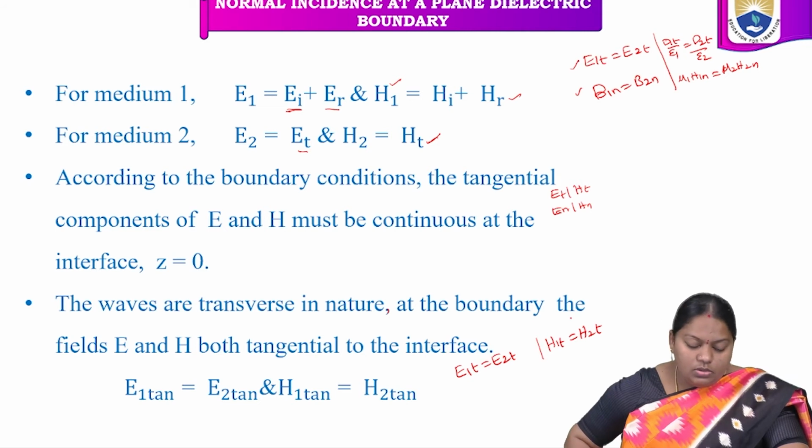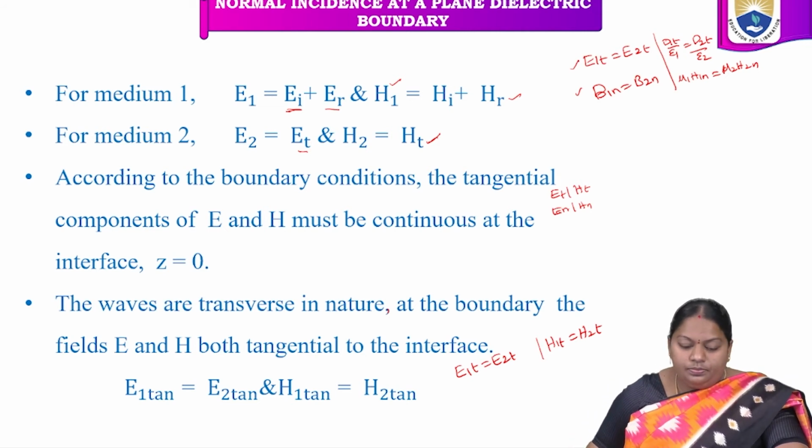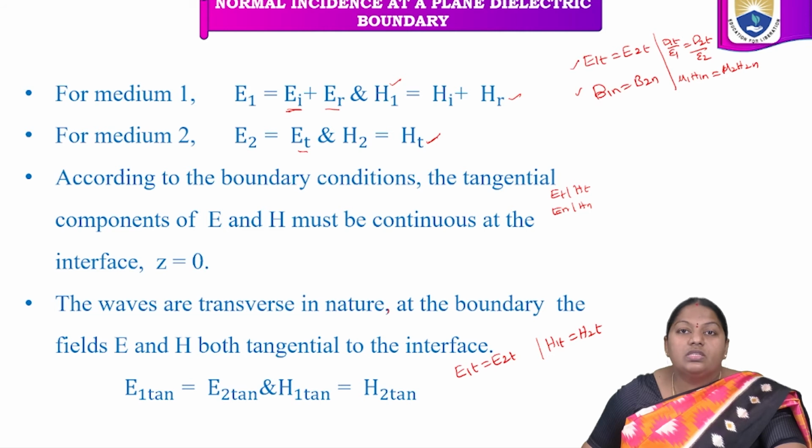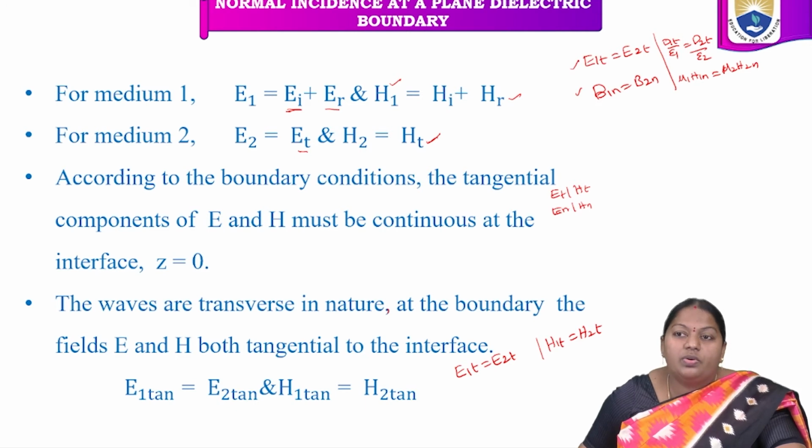So, based upon the field components present in medium 1 and medium 2, the tangential components of both media 1 and 2 are continuous at the boundary, and the electric field intensities as well as the magnetic field intensities of the tangential components of both media 1 and 2 are continuous across the boundary.